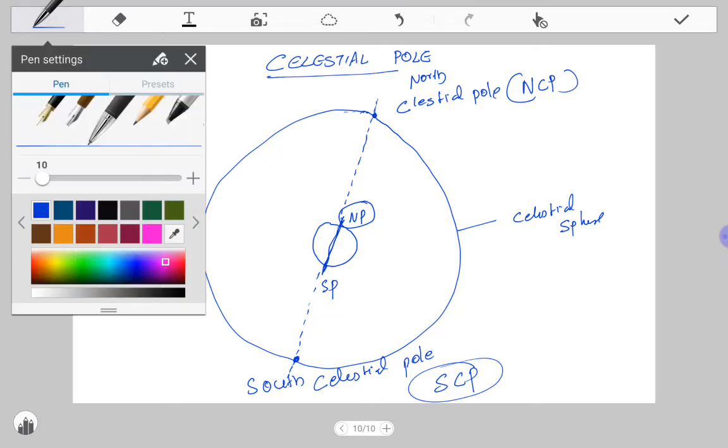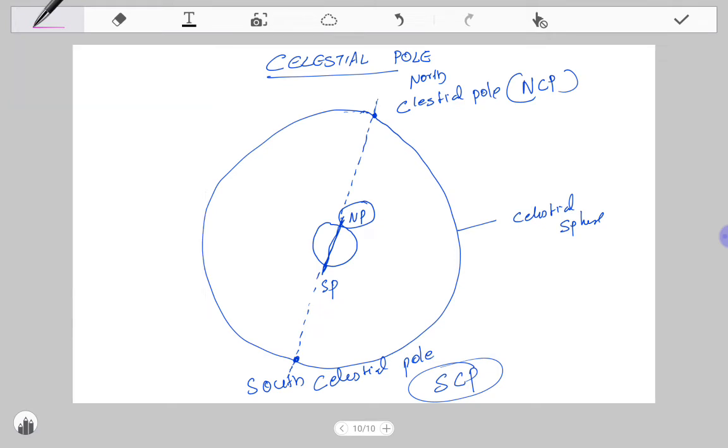The definition is: two points where the axis of the Earth, when projected, meets the celestial sphere.